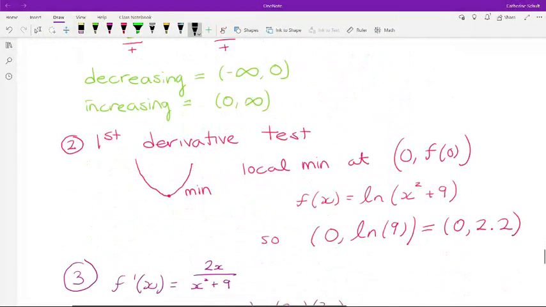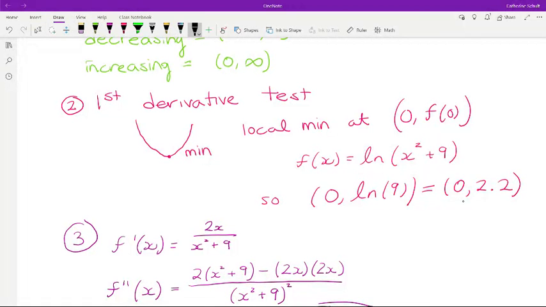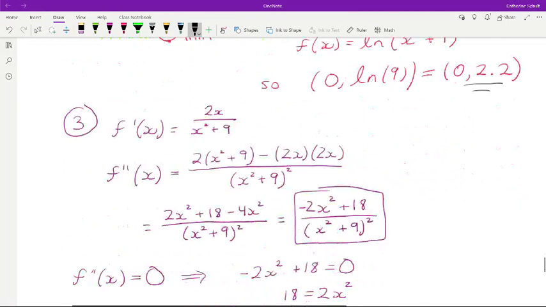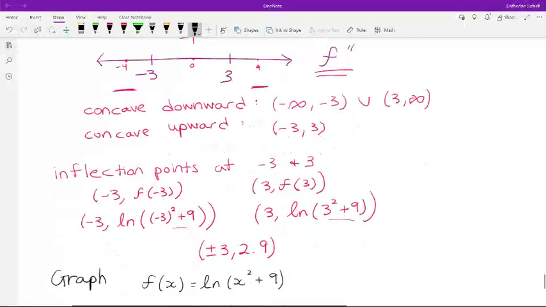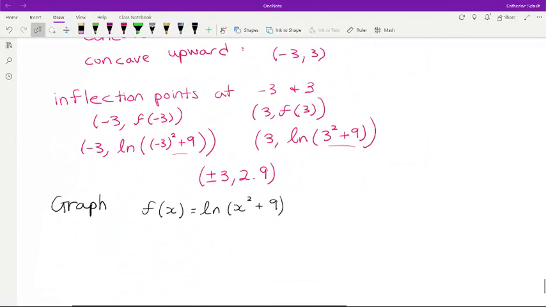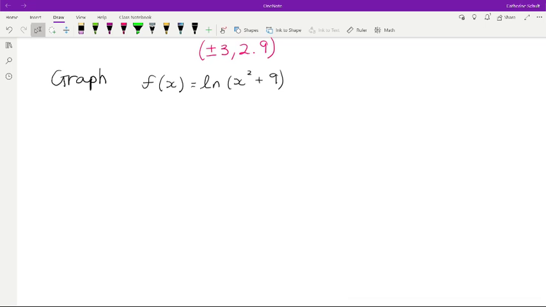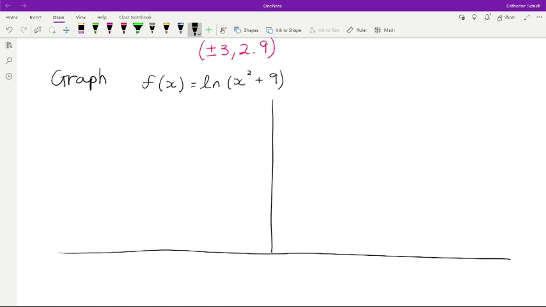We have increasing, decreasing. Okay, so our local min is at 2.2. And then we have these inflection points at 2.9. So the vertical spread isn't that much. So I'm not going to make it that high up. All right, so maybe 1, 2, 3, and then everywhere in between.